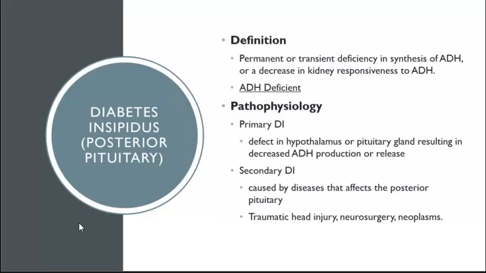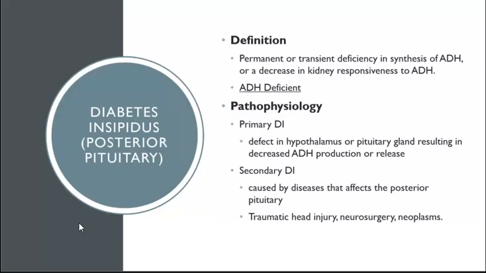So primary diabetes insipidus is a defect in the hypothalamus or the pituitary gland, resulting in decreased antidiuretic hormone production or releasing too much of it. Primary is always the gland itself. So the posterior pituitary gland, something has happened to it.